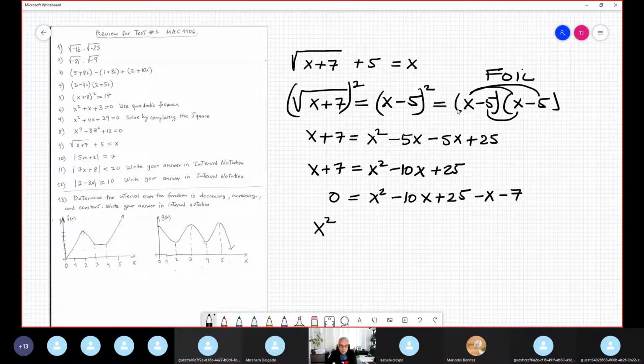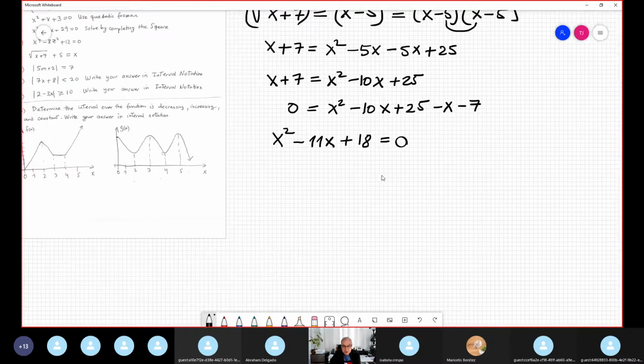X squared minus 11x, no? Because negative 10 and negative 1 together is negative 11, no? And 25 minus 7 is 18. 18 equal to 0. I interchange the terms. I put the 0 on the right hand side because I feel more comfortable with this format.